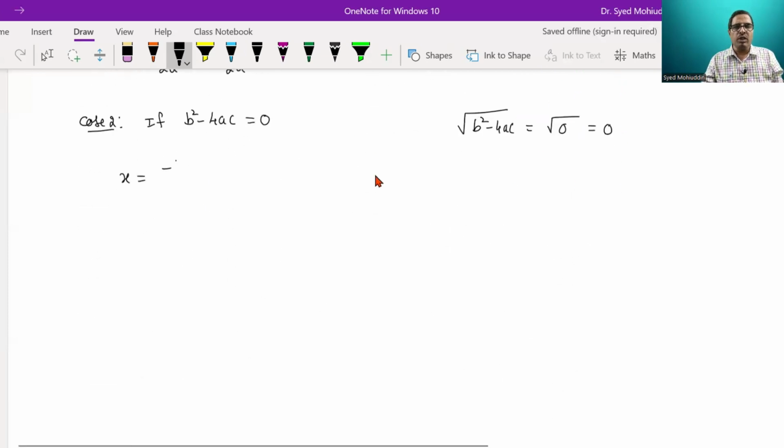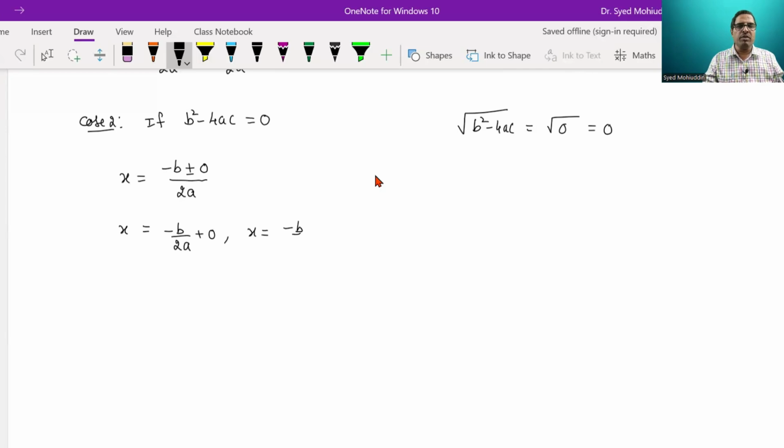So let me write it down: it is minus b plus or minus square root of b square minus 4ac, which has become 0, divided by 2a. If you ignore this 0, you are left with minus b divided by 2a. So x is equal to minus b by 2a is one of the roots, with this positive value, say plus 0, and x is equal to minus b divided by 2a minus 0.